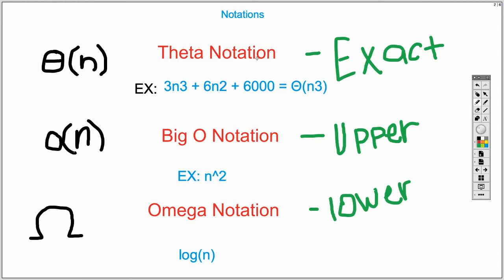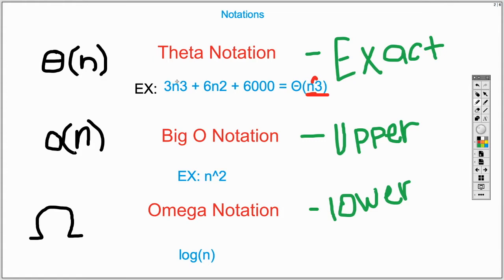The theta notation is what we call an exact bound. The reason we call it the exact bound is if we look at this example. We have n, and n can be 8, it can be 800, but here we have n to the power 3.